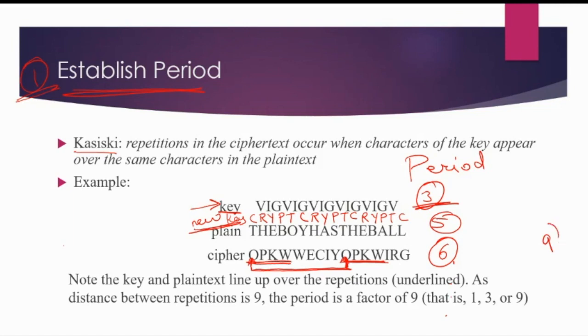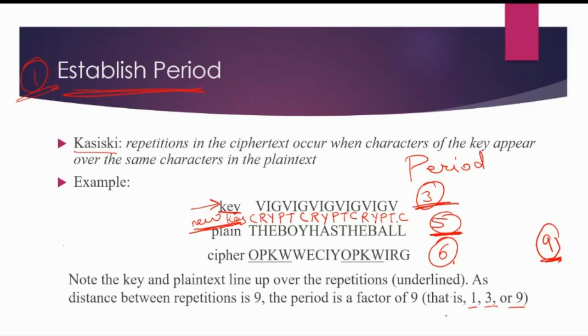There is a gap of 9 between two repetitions. It means that there is a high chance that the size of the key is 1, 3, or 9, whatever the factors of 9 are. So there is a high possibility that the key size will be one of these. Okay, let's say suddenly I change my key, and the length of the key now becomes 5.